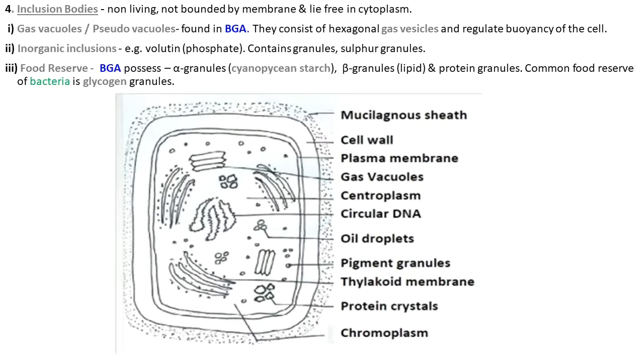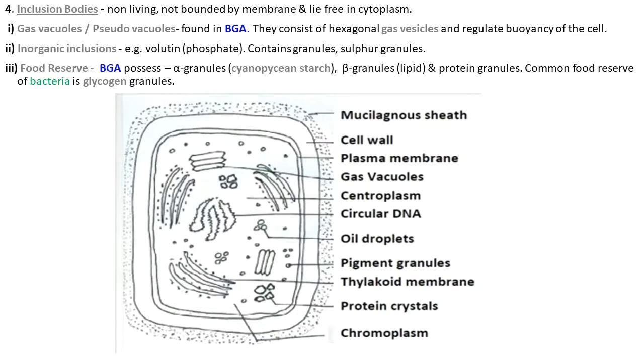They have a food reserve material in the form of starch, also called cyanophycean starch, because the other name for the BGA is cyanobacteria. So in the cyanobacteria, the food reserve material is like that of higher plants. It is starch, and even they have a pigment like in higher plants, chlorophyll A.